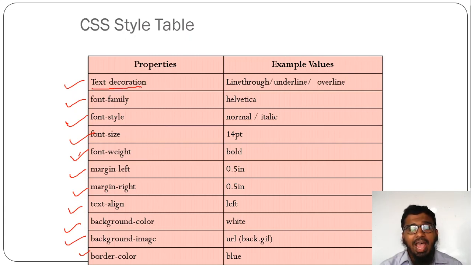You need to write the property as it is, then a colon, then give the value. What do you want to give? I want underline. Here font family, I want Arial, or Times New Roman. Anything you can give.